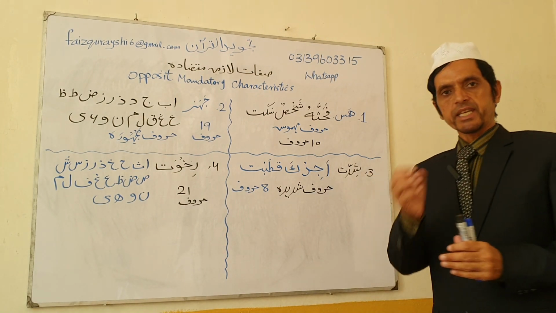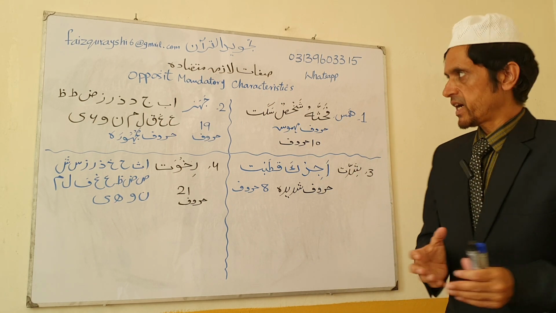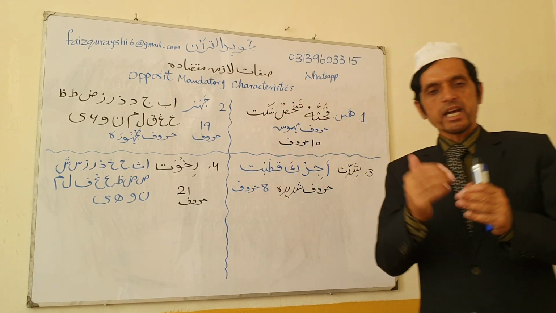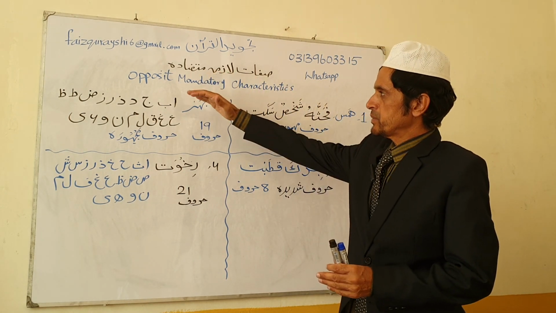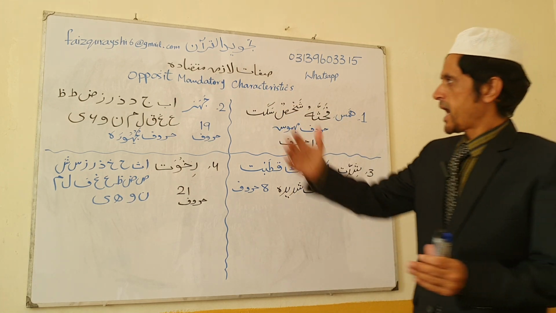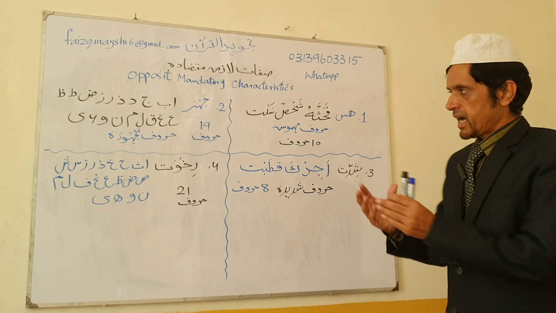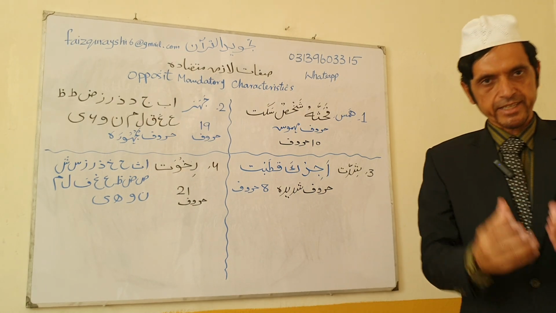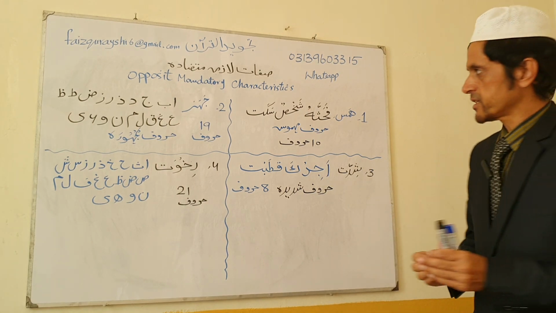And after that, we have different Sifate, and they are called Sifate Lazma Mutawada. It means opposite mandatory characteristics. These are a kind of characteristics in every letter of the Arabic language.